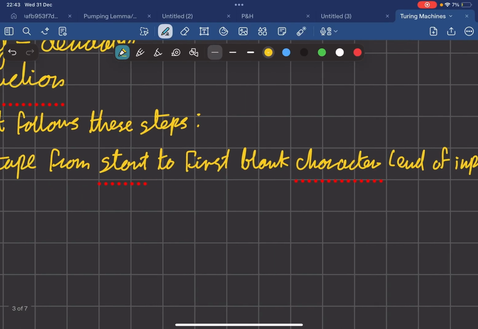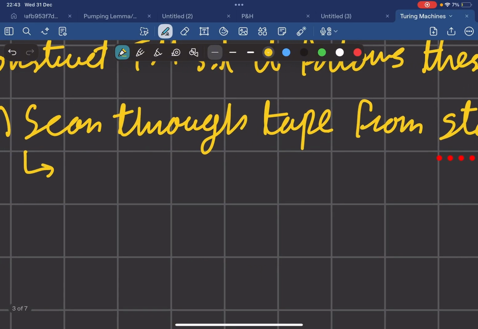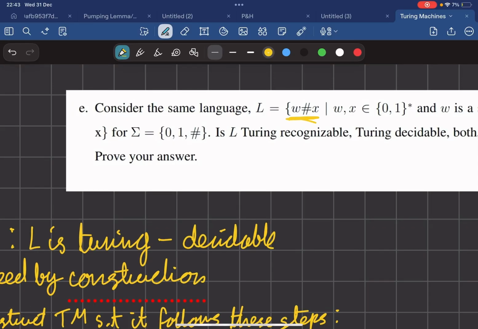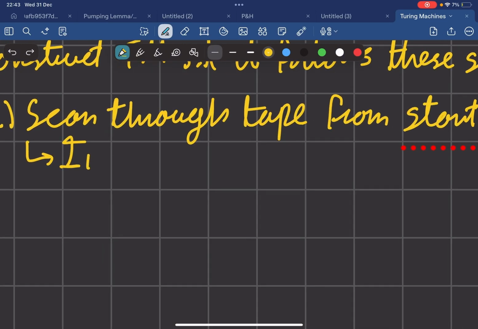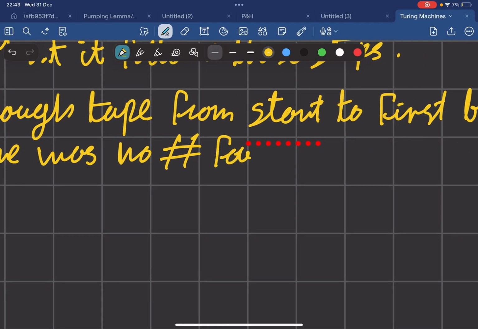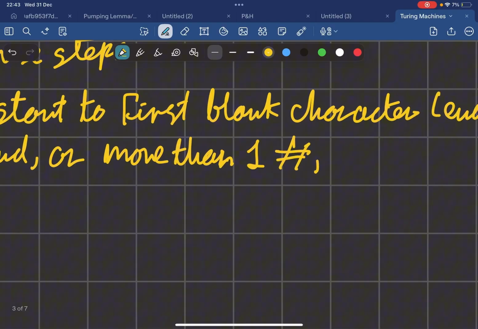You can probably speed this part up because it's just a lot of writing. So if while we scanned it we saw no hashtag, then we know we should reject. And if we saw two or more hashtags, so more than one, then we also reject. So if there was no hashtag, or more than one, then we halt and reject.